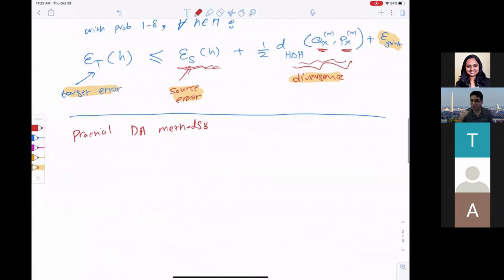Even before the deep learning era, people thought about this problem, and there have been really interesting ideas to deal with it. Prominent works I would call classical methods. By classical, I mean pre-deep learning.